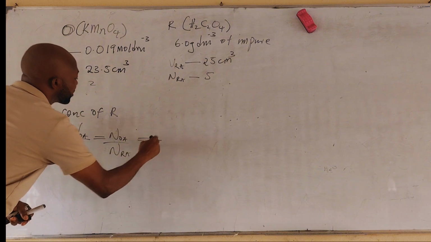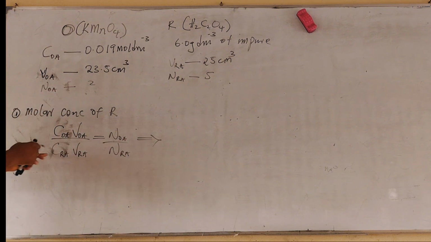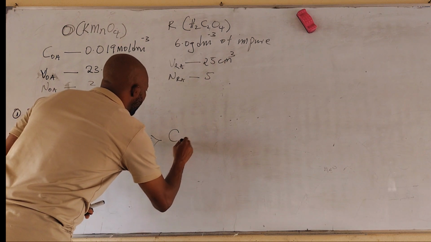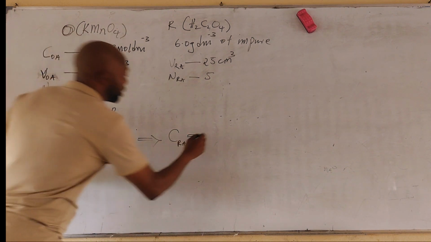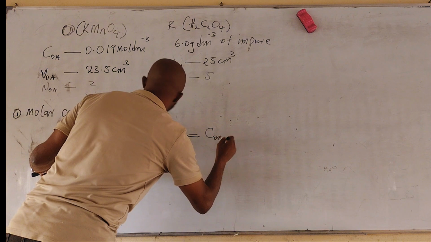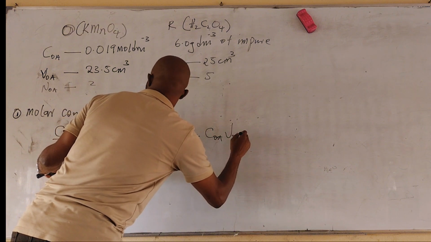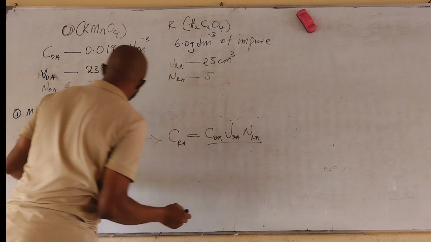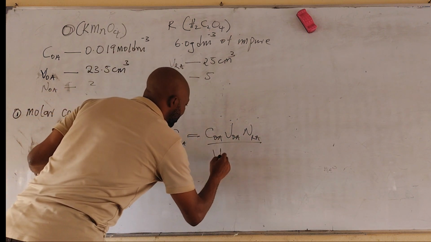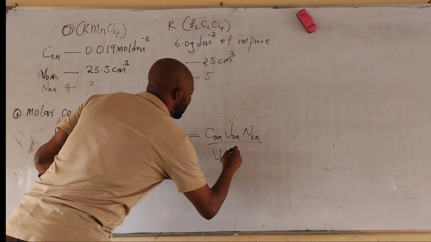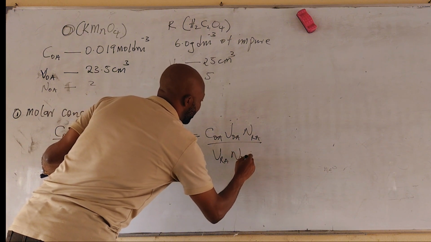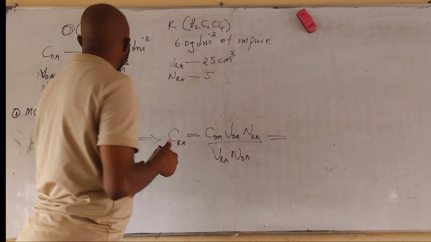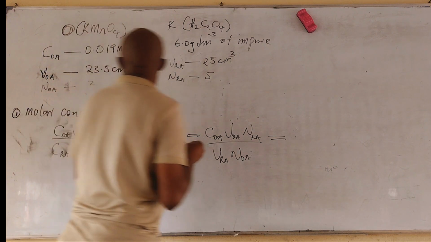From here, I'm looking for the concentration of the reducing agent, CRA, which will therefore become COA times VOA times NRA, all over VRA times NOA. So this is equal to: the concentration of the oxidizing agent is given to be 0.019.